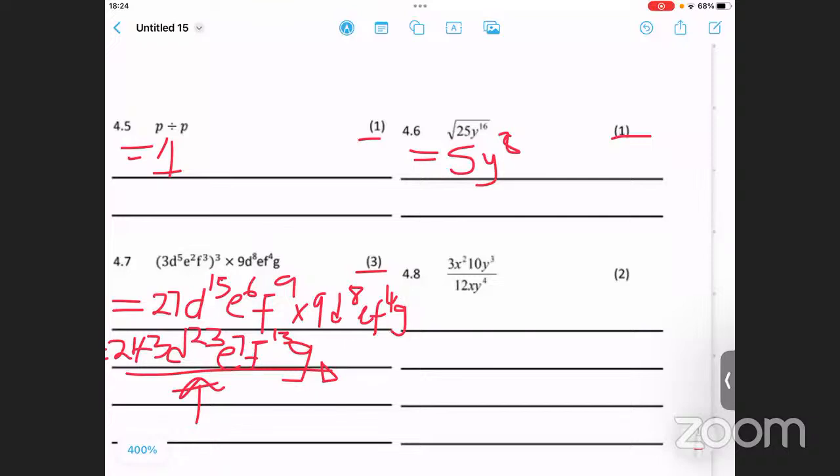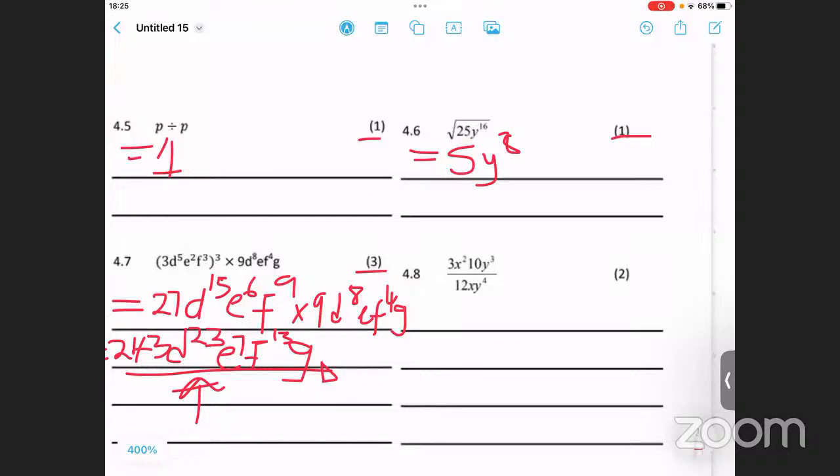Busisiwe, how were you going to do this one? 4.8. Are you still there? Sorry, ma'am. Yes, I'm still here. Ma'am, I was gonna divide the numerator and denominator by 3.